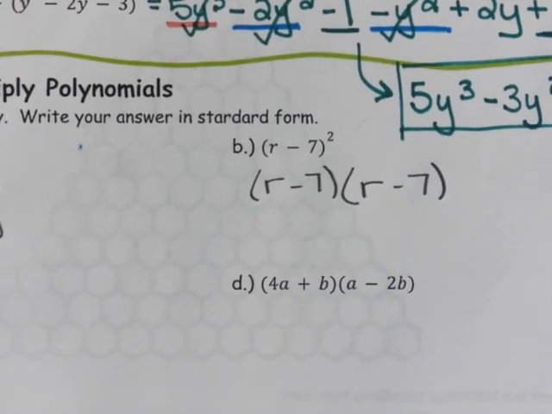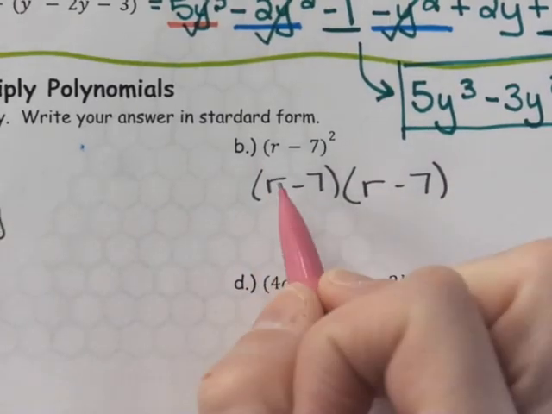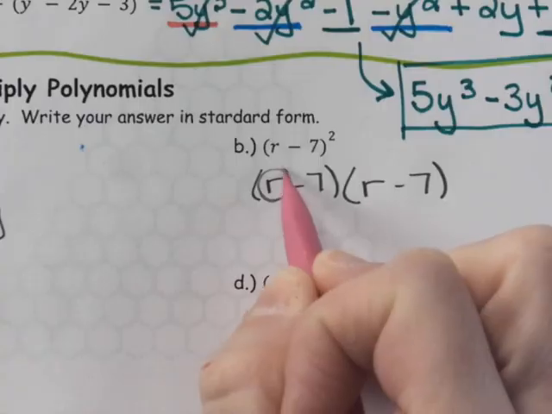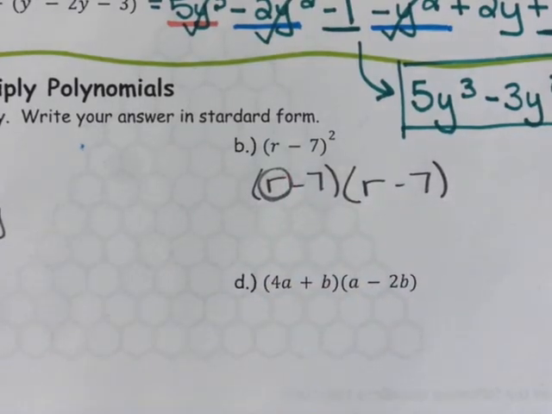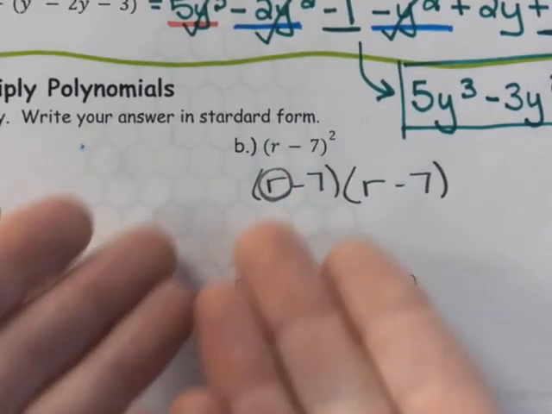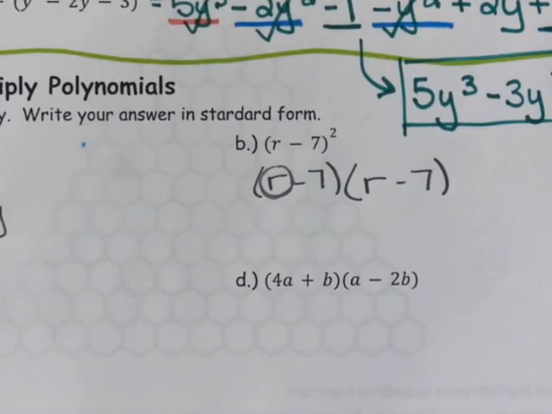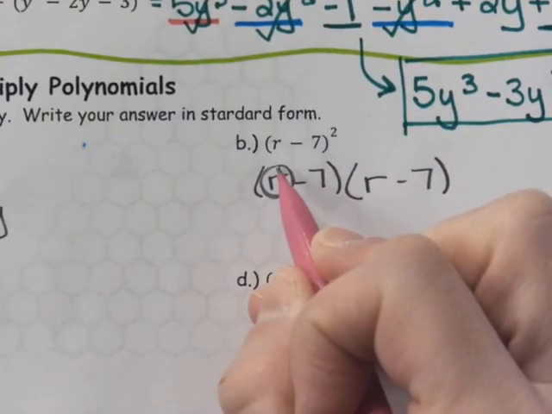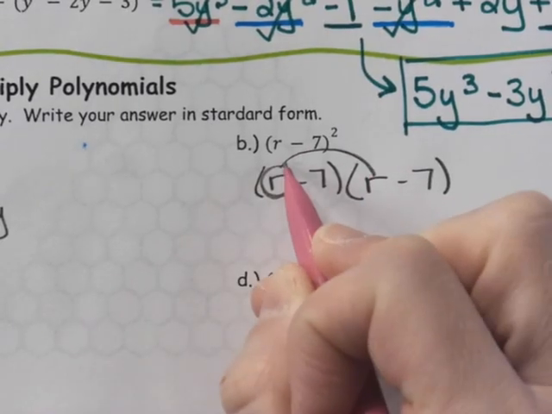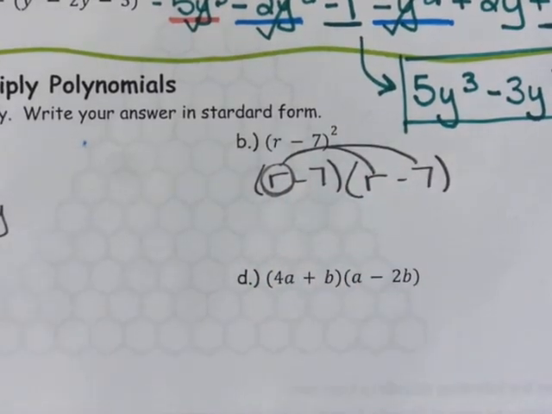All right, so when I think about these, I call it double distributing. So I still think of these types of problems as distributing. In the first set of parentheses, I'm going to start with one of the terms and multiply that into the next term. So I've got r, and I'm going to start by multiplying that into these two.